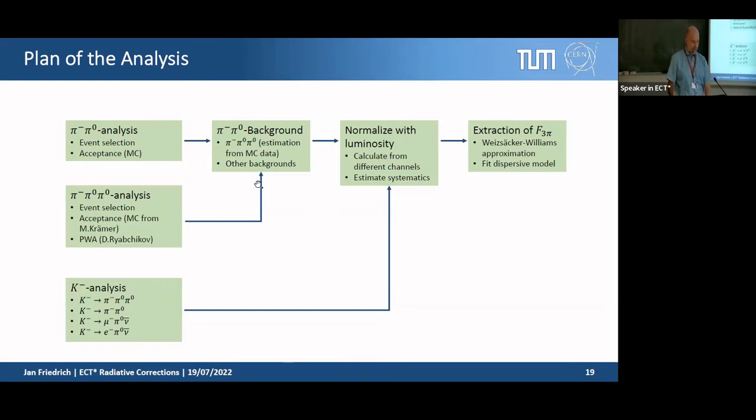The first is the background subtraction, and the by far biggest background, which also covers, unfortunately, the radiative tail, is events from pi minus pi 0 pi 0. So this channel has to be investigated quite in detail.